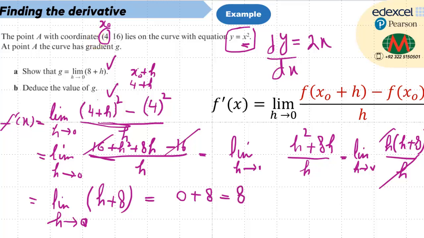So the derivative f dash of x when x is 4 is 8.